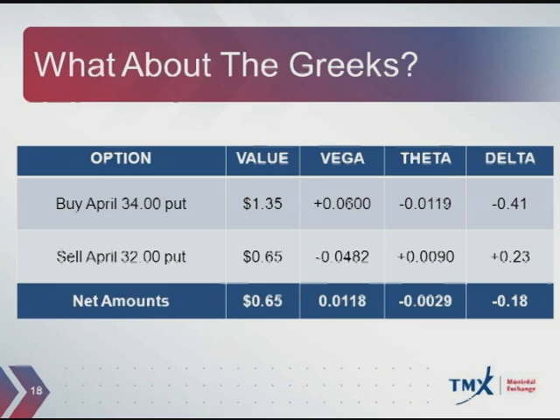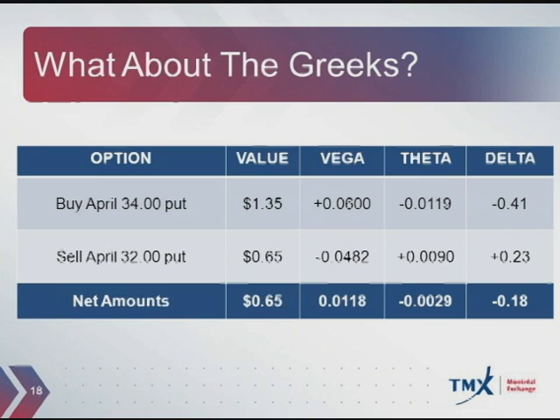But again, the trade-off is the long put has a negative delta of 0.41, and that's just traditional for put options. Calls have a positive delta, puts have a negative delta. So what we have to do is recognize that our long put has a negative delta of 0.41, our short put has a positive delta of 0.23, which means that the net delta of the position is ultimately negative 0.18.